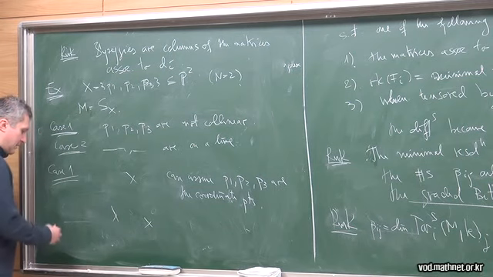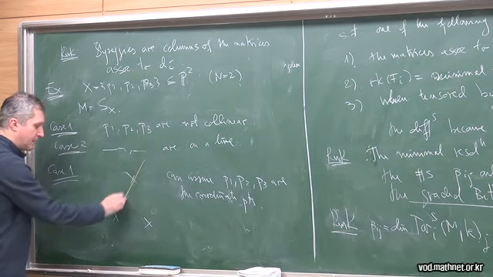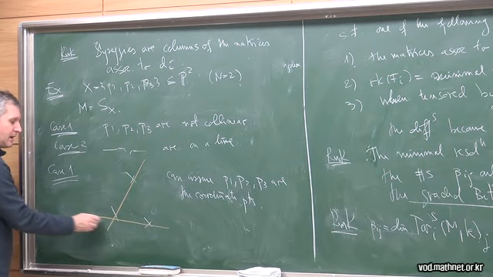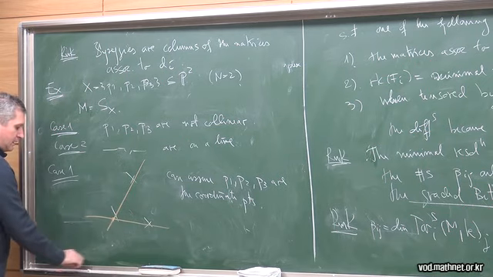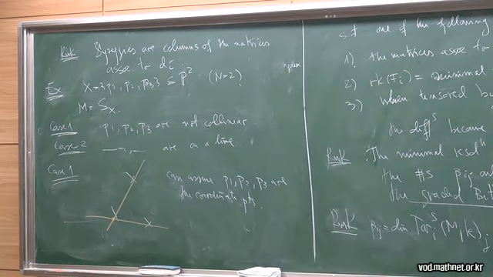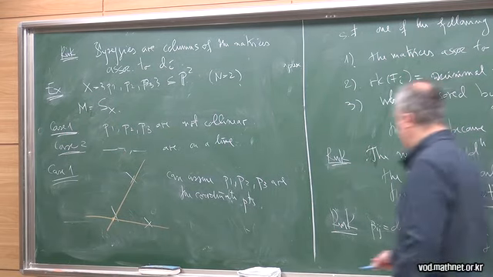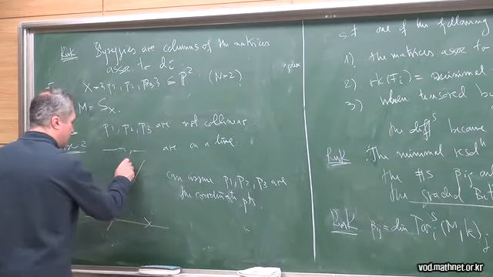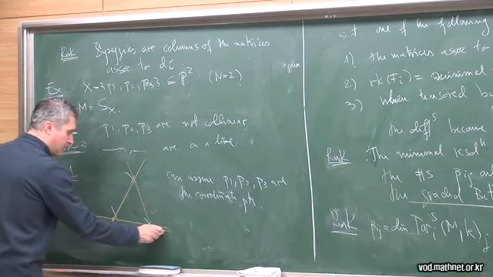So we have the first quadric, which is the union of these 2 lines. Then a second quadric would be the union of these 2 lines.